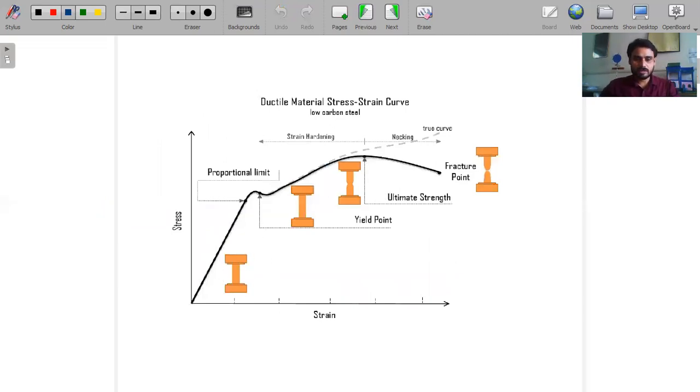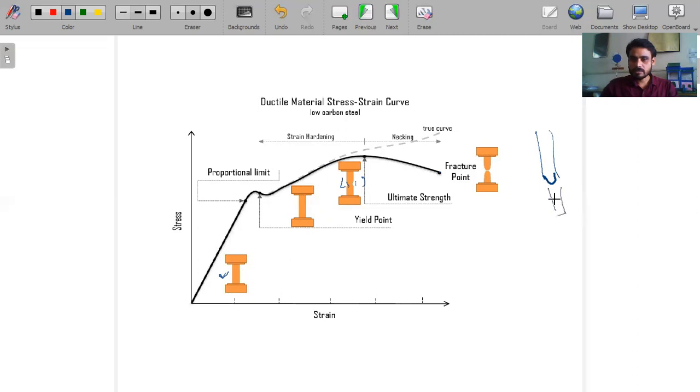Here is our sample. At the initial stage, we take the sample like that, and after conducting the test, the material is stretched, and at that ultimate point, the material gets the maximum strength or maximum stress. At that point, necking is started. You can see the changes at that region, the necking phenomenon generated, and after reaching point F, the material will fail like that, in a cup and cone shape.